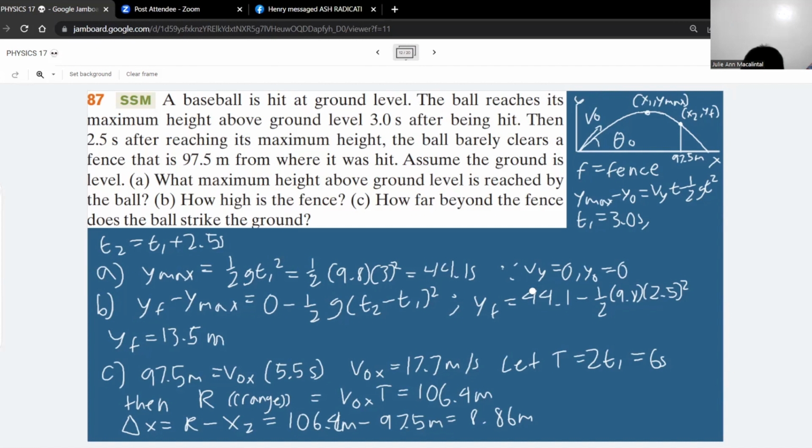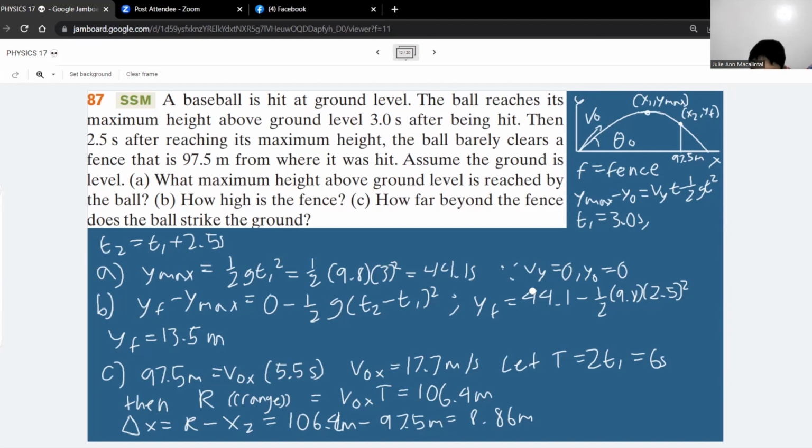How high is the fence? Yung sa how high is the fence, meron tayong V sub 0, kasi di ba yung Y is negative 1/2 g t squared plus V naught sine theta times t.